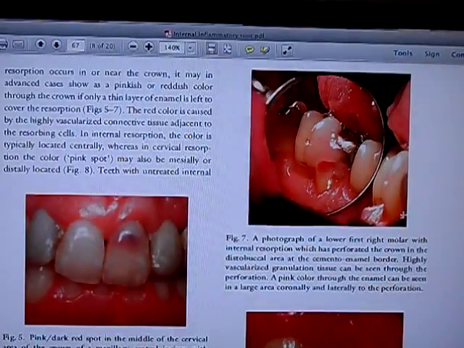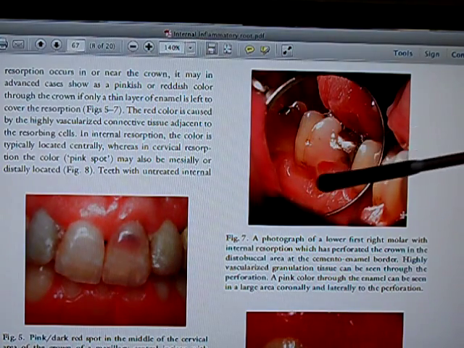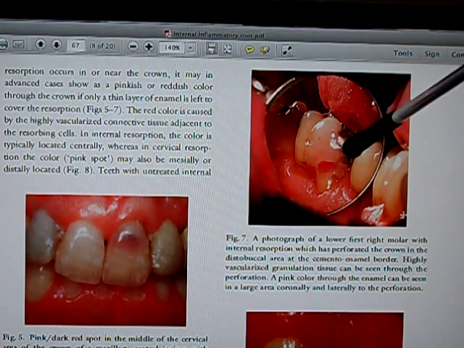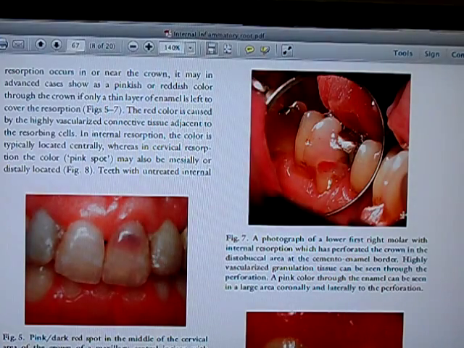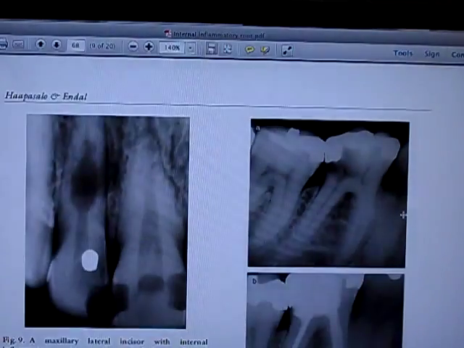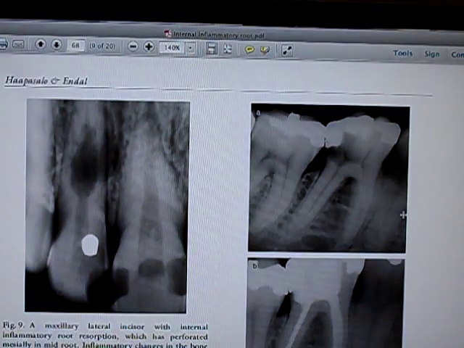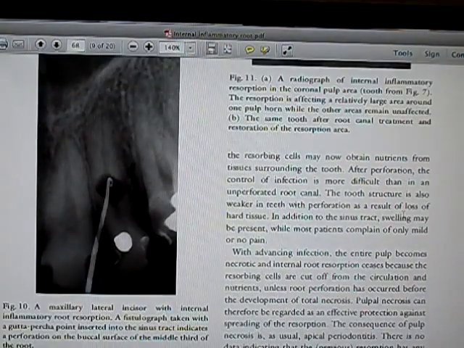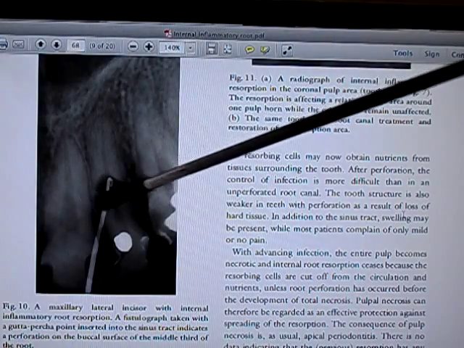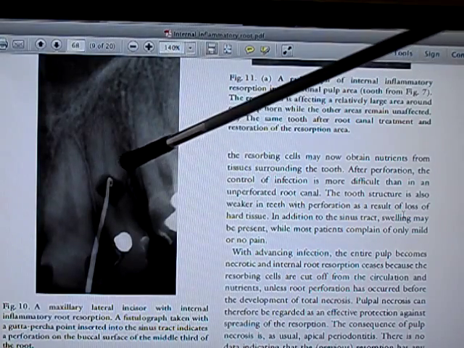I think there's a couple more images. These lesions can perforate all the way out. The tooth, they can cause such a massive defect that there's cavitation. Another one. Another one, there can be communication with the attachment causing a fistula.